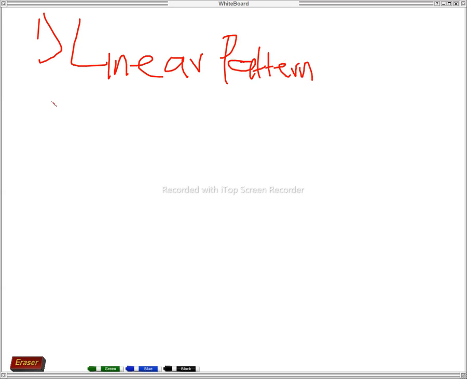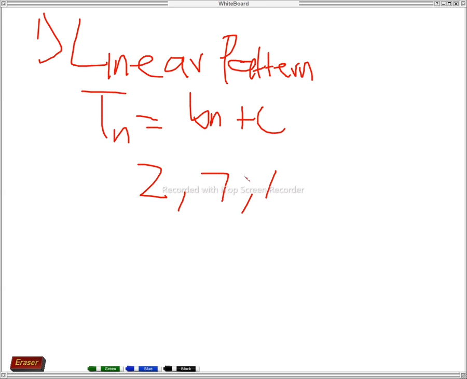The general formula for a linear pattern is Tn equals Bn plus C. You will be given a number pattern, for example 2, 7, 12, 17, and they ask you to determine the general formula for this linear pattern.